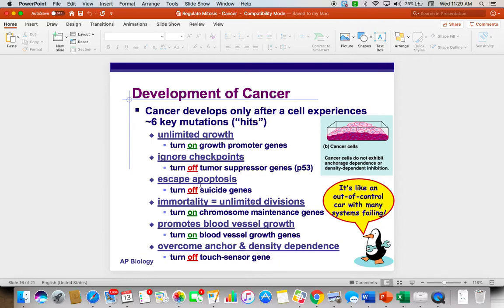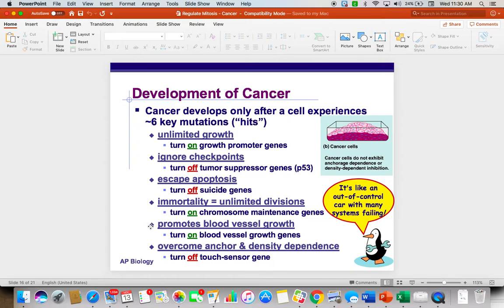Somehow they're escaping apoptosis, which is one of your vocabulary words. That's programmed cell death, which is basically, you see, it's a suicide gene. The cell knows when it's time for it to die. Whatever reason, these cancer cells, they don't know it's time to die. Cancer cells divide at an unlimited rate.